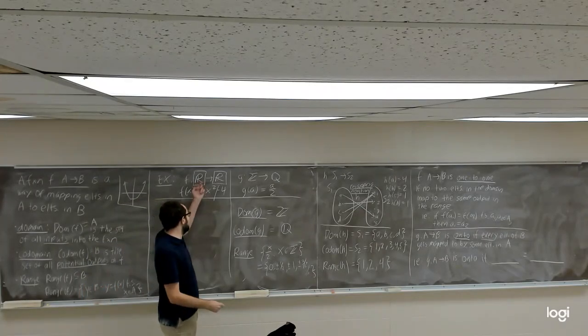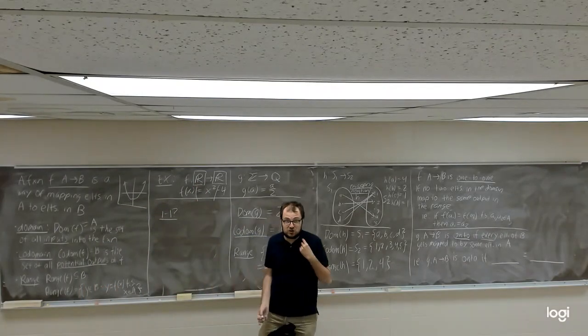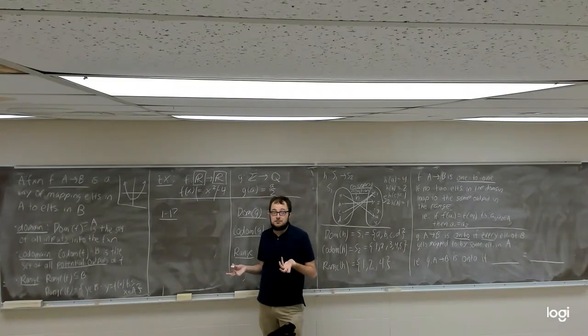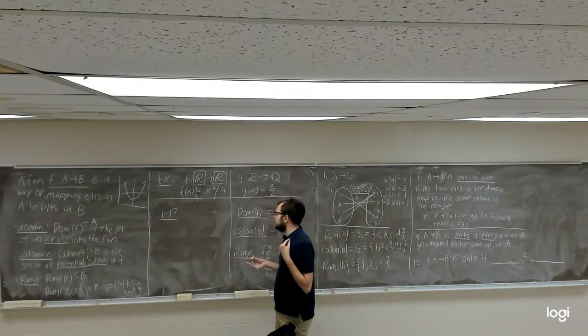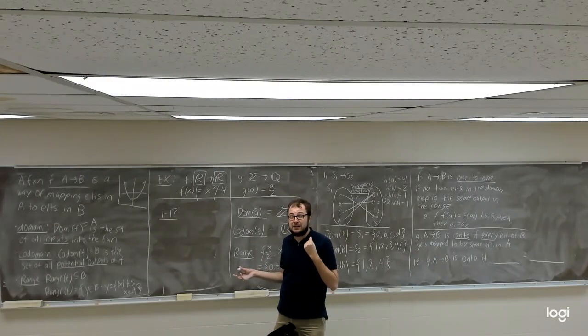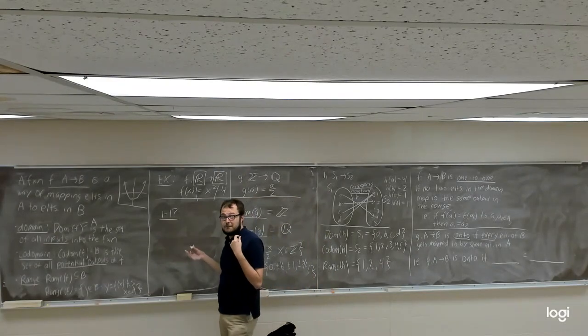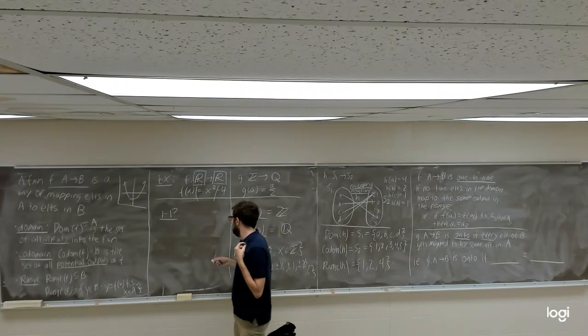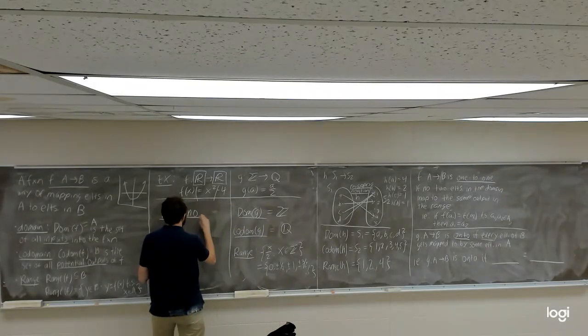If this is one-to-one, that means no 2 real numbers are going to map to the same output. Can that happen? I would argue that 2 different real numbers could map to the same output, meaning that it's not one-to-one.